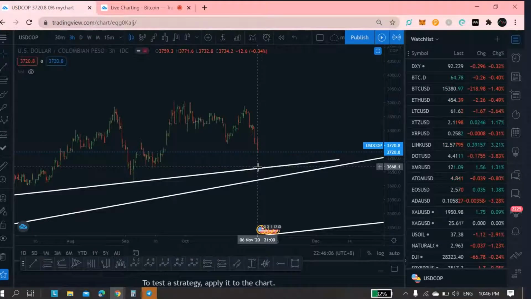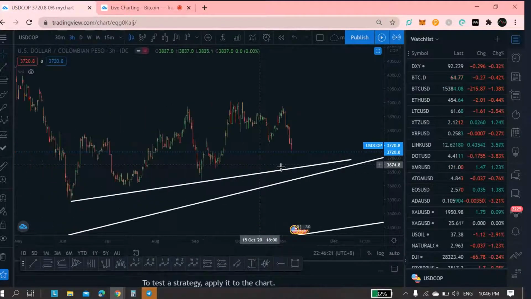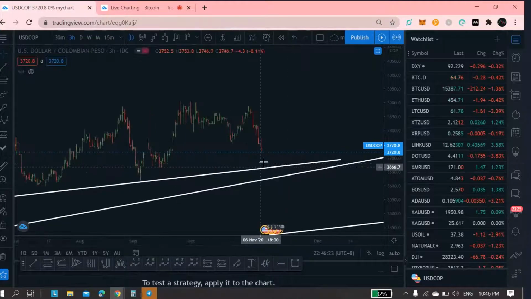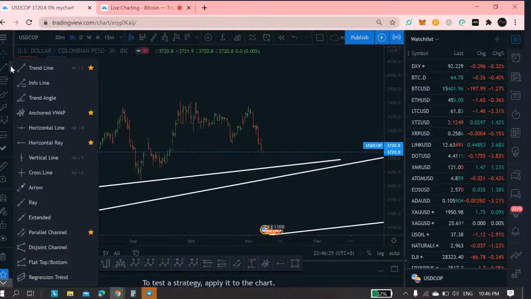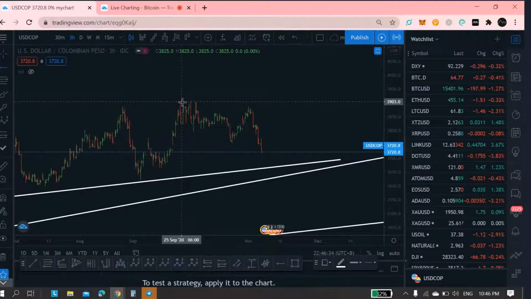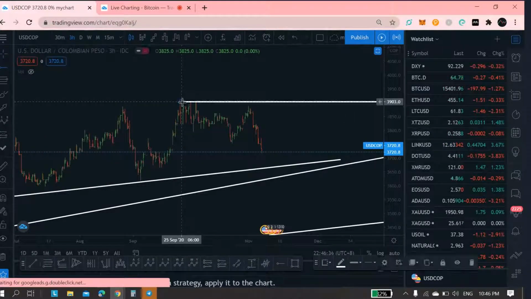That could possibly retest this possible 3,664. So I think at the moment I'd rather wait at this area. This is more on scalp since this is a shorter time frame. Because I'm already late. Because this is the resistance area.